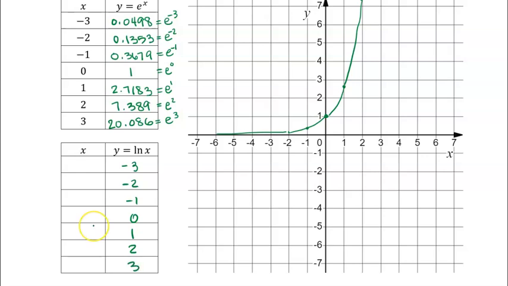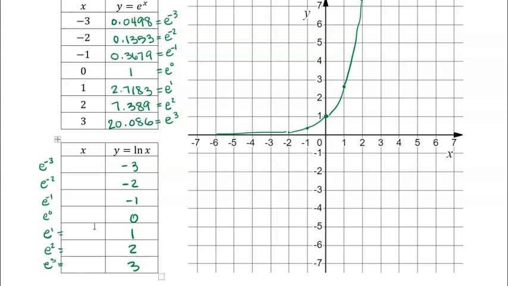And then these values over here are going to be e to the minus 3, e to the minus 2, e to the minus 1, e to the 0, because the natural log of e to the minus 3 is minus 3. So I'm just going to swap the input and the output. That'll save me some time. I can just copy these values down from the table above.